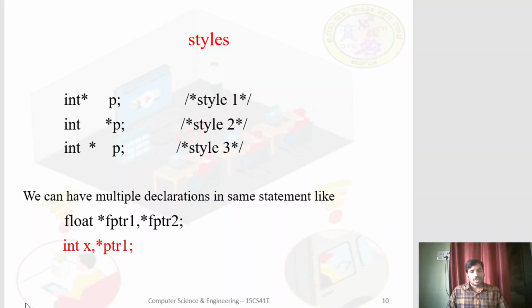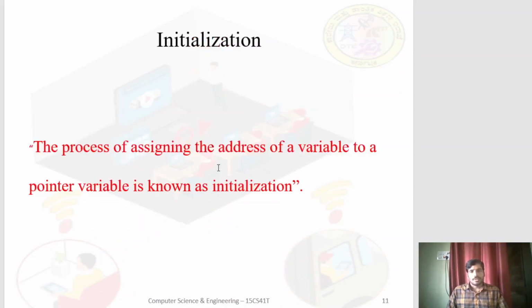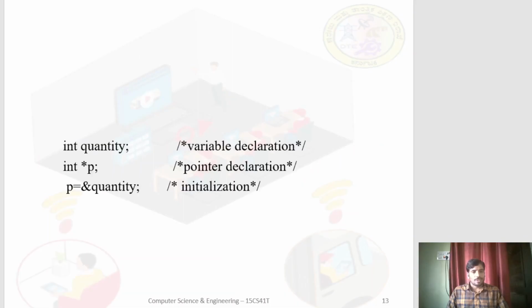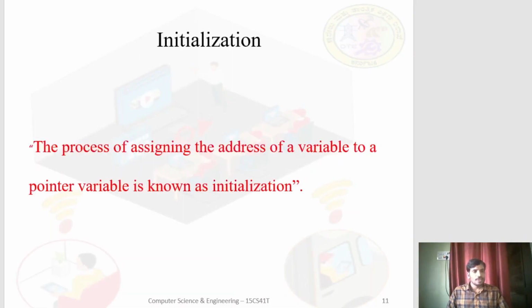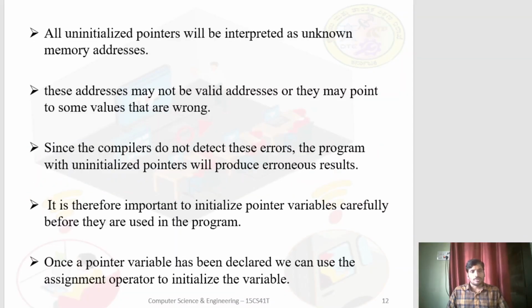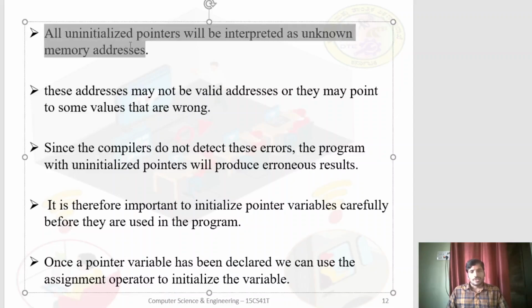So to point to valid variables, we must initialize pointers to some variables. So here are some points noted with respect to pointer initialization. All uninitialized pointers will be interpreted as unknown memory addresses.